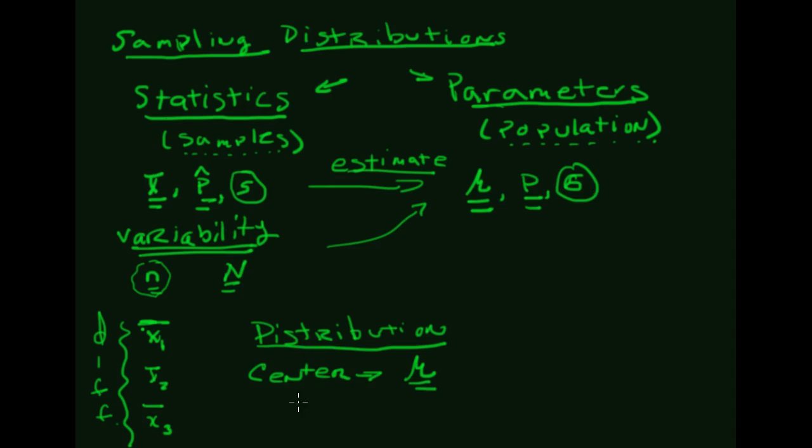Now, when I get that nice effect where the center of the distribution of the sample statistics is equal to the parameter, we get to call that thing an unbiased estimator.